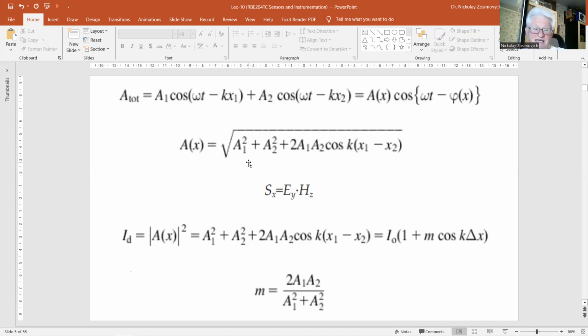Since a photosensor responds to the irradiance, that is the average wave energy per unit area, its output is also proportional to the square of the wave function amplitude, and this is according to this equation. So the sensor output satisfies the next equation, as you can see here.